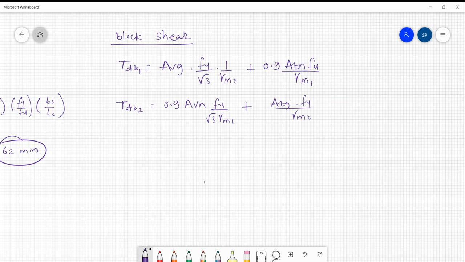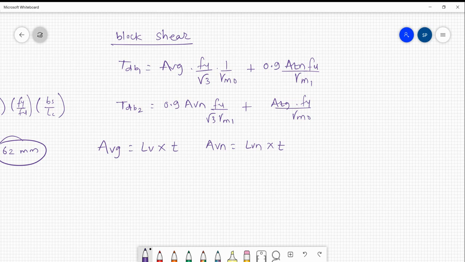Now here these four areas you have to calculate: AVG, AVN, ATG and ATN. I will write down those expression as well. AVG equal to LV into T, then AVN equal to LVN into T. So we'll first calculate these two values.